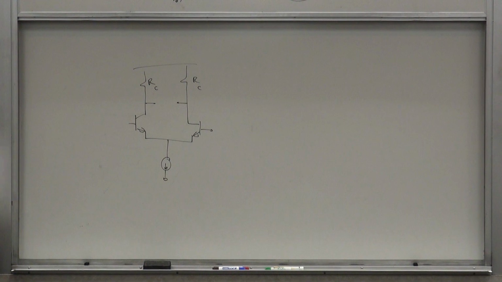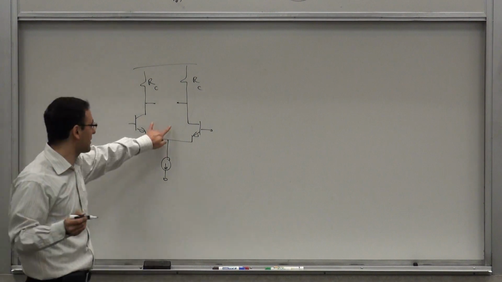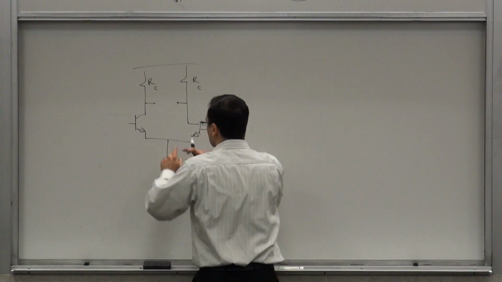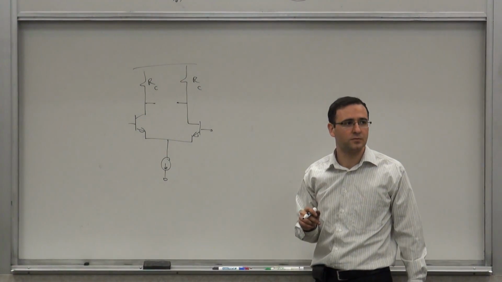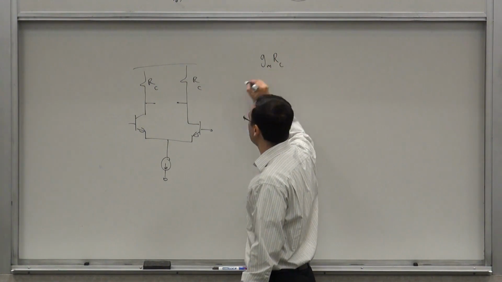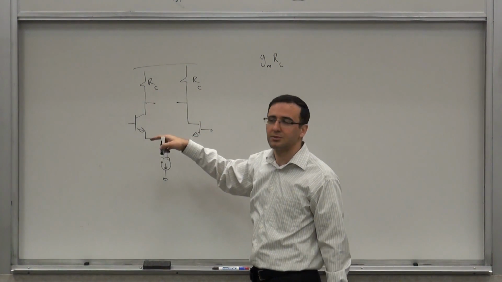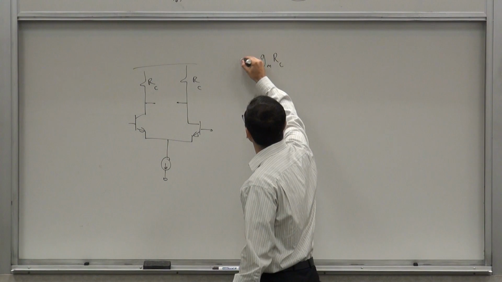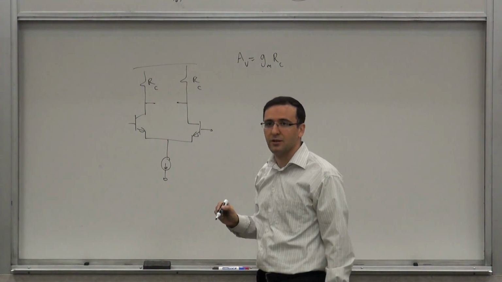How would you bias it? Well, you have to find out what the gain is first. We've determined what's the gain of this thing, what's the voltage gain from differential input to differential output. GM RC, right? Well, depends on the polarity, how you choose to define the polarity, but yeah, negative, positive. So A_d is that. So I want to make this independent of temperature.